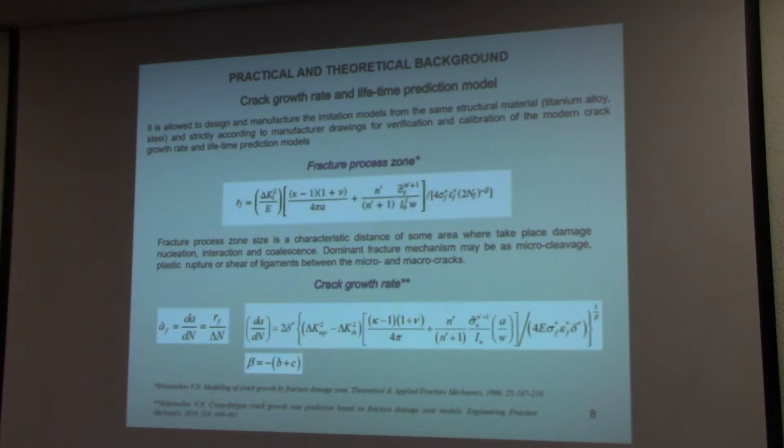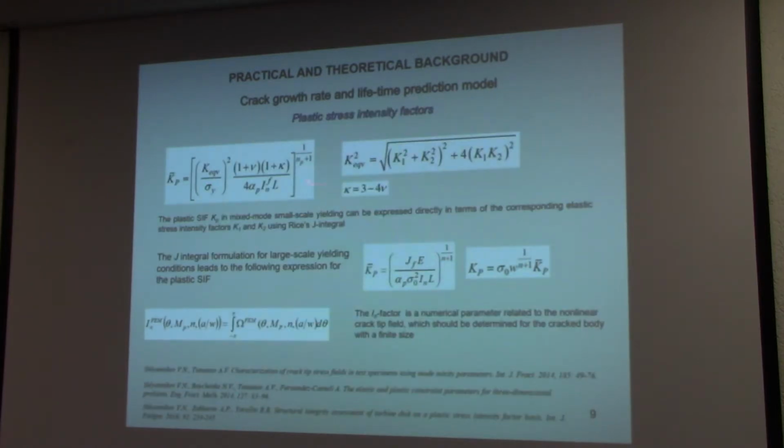This model is based on the fracture process zone and plastic stress intensity factors concept. Plastic stress intensity factors are nonlinear fracture resistance parameters which are sensitive to the plastic properties of materials by means of the J-integral. So for correct use of the proposed crack growth rate and lifetime prediction model, we had to correctly determine the distribution of fracture resistance parameters for the cracked body.